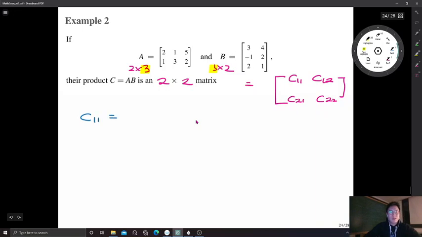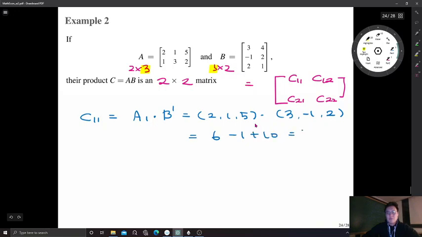C sub 1, 1 is the dot product of the first row vector of matrix A and the first column vector of matrix B. Okay, so that is (2, 1, 5), the first row vector of matrix A, and we compute the dot product with the first column vector of matrix B, that is (3, negative 1, 2). So 6 minus 1 plus 10, which is 15.